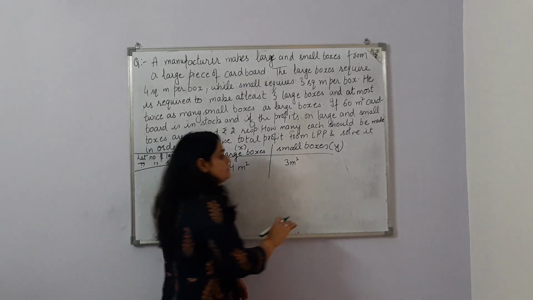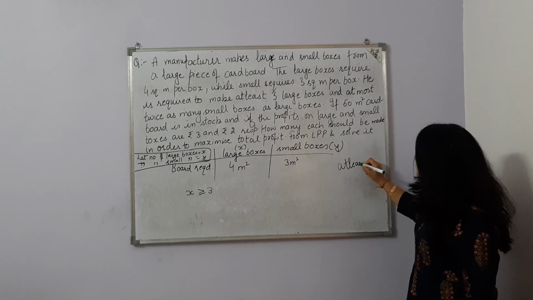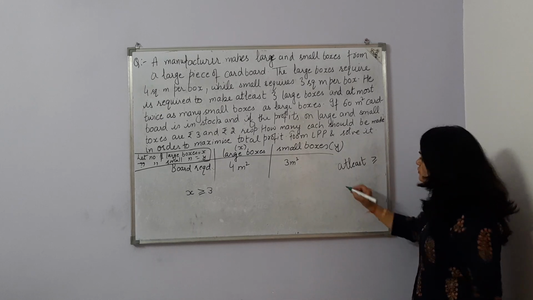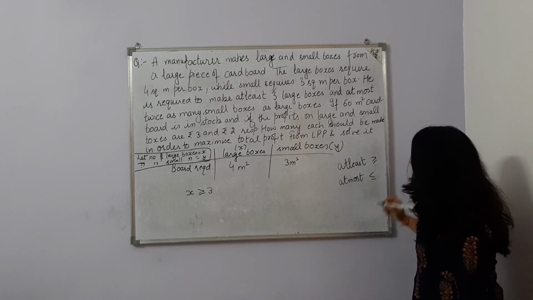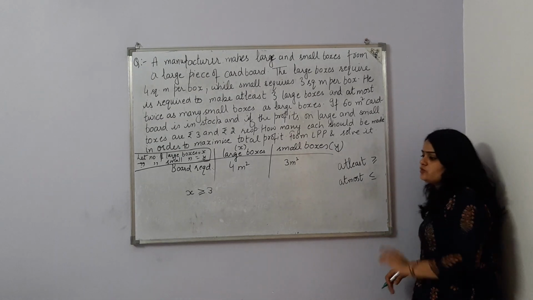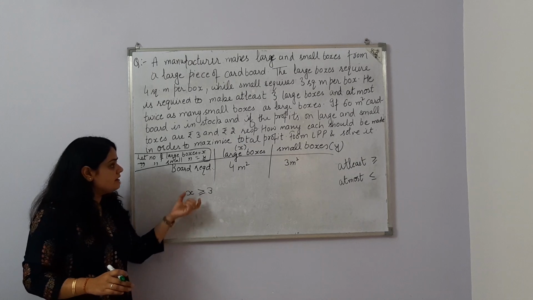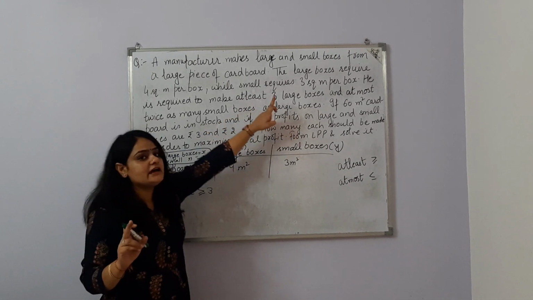If you want to remember, if an at least case is there, then you can put the sign greater than or equal to. If at most is there, then you can apply the sign less than or equal to. Why is it greater than or equal to? It says at least 3 large boxes.